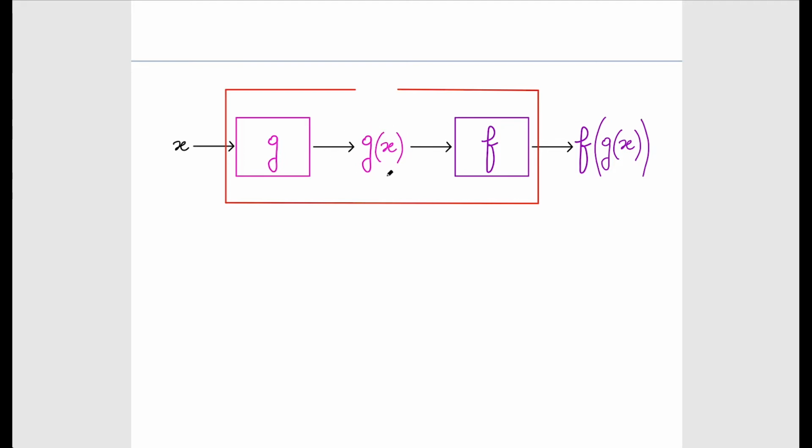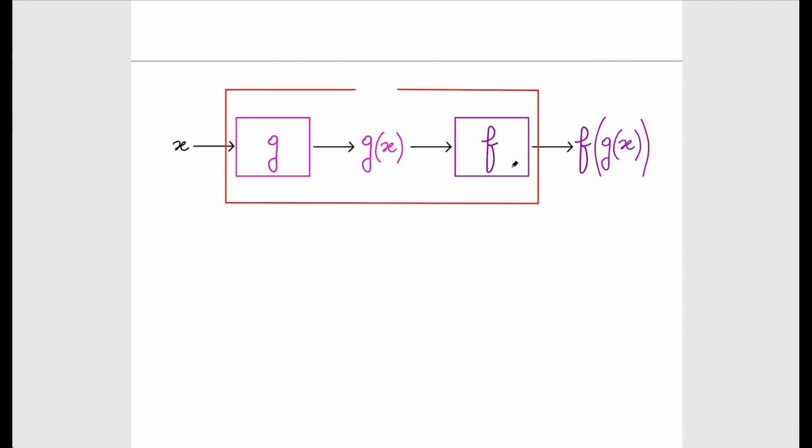Now, that in turn is going to turn into an input in the function f, the purple one. And when f operates on the input, the output is going to be f of the input, right? And the input is g of x. So f of g of x, that's going to be the output. And that output, we're going to consider to be the output of the big red machine.